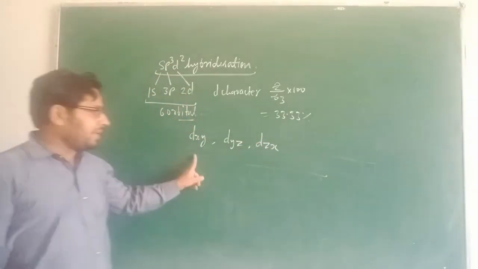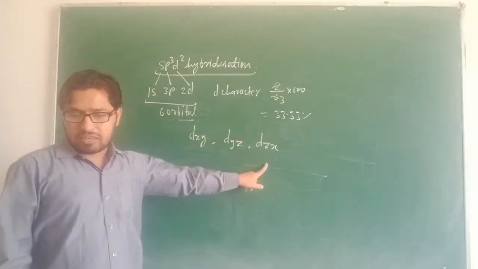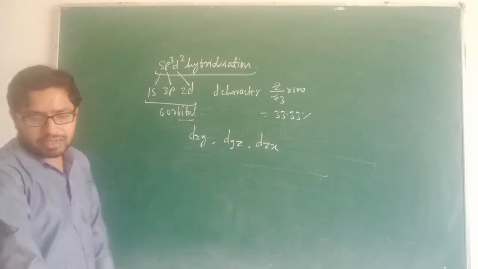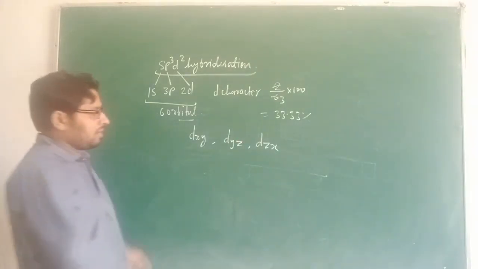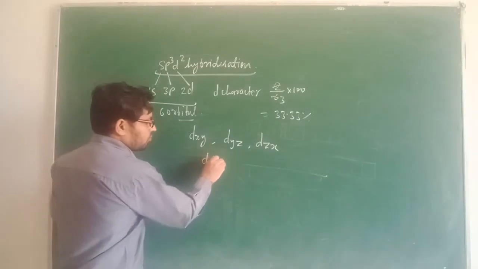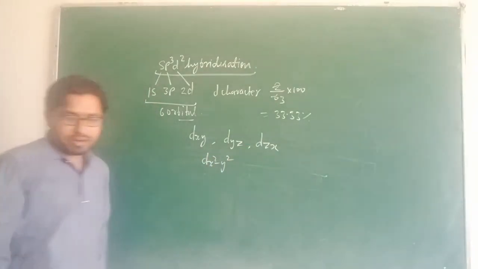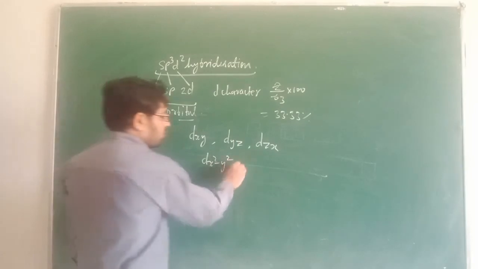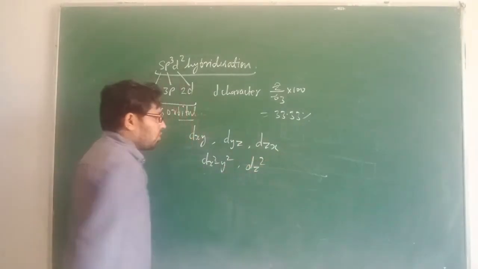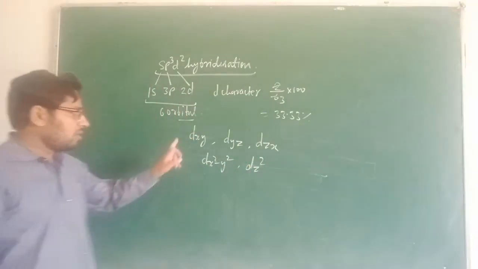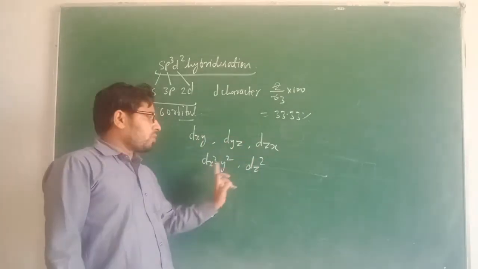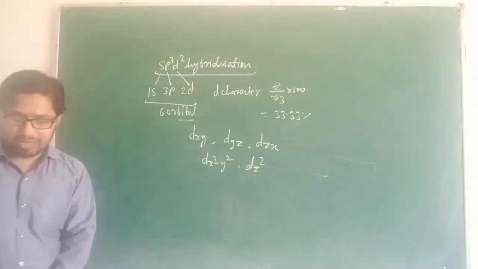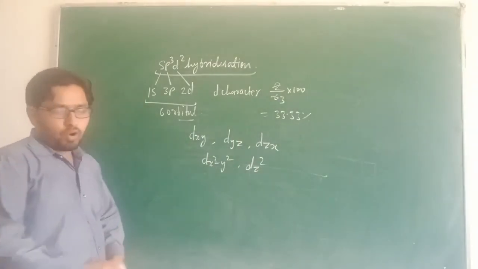Keep in your mind dxy, dyz, dzx, dx square minus y square, dz square. Those are the names.